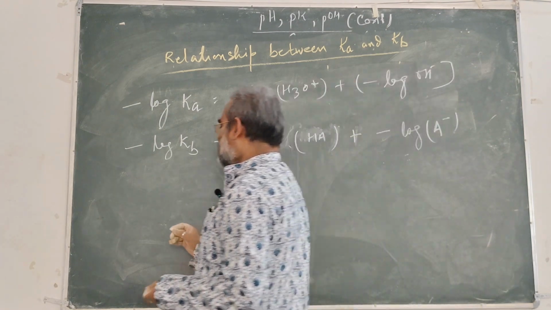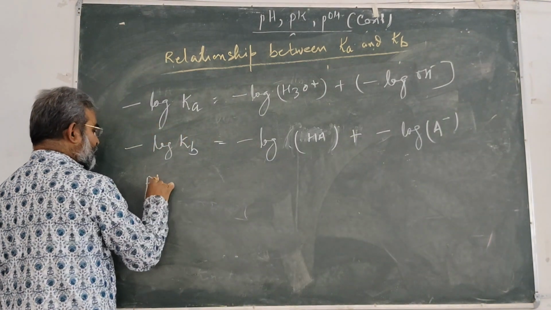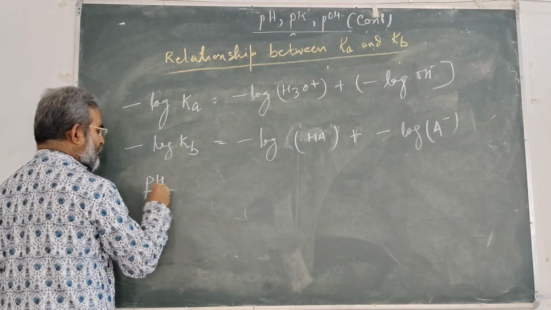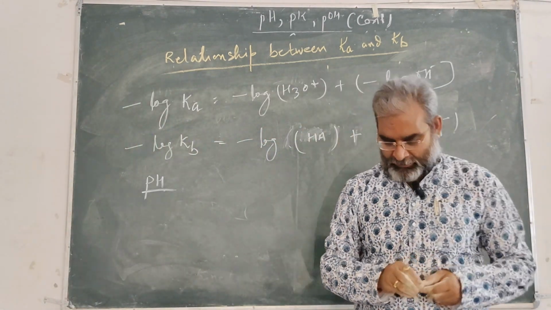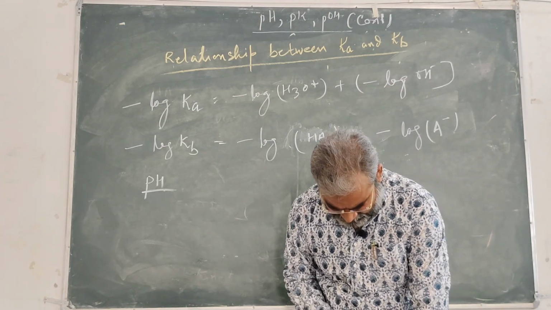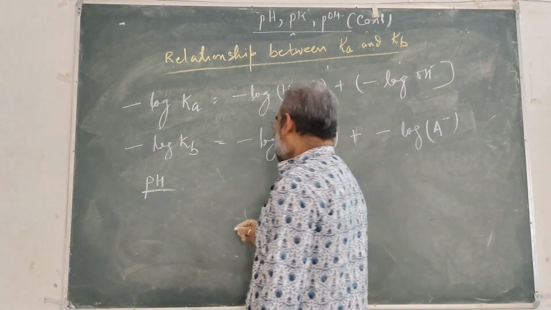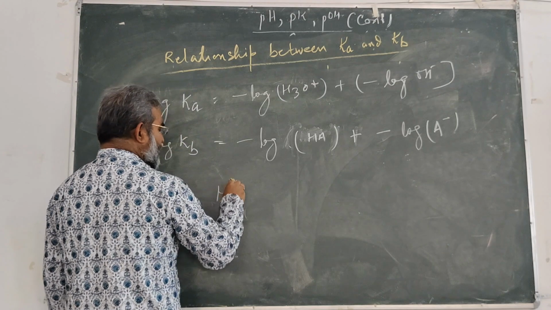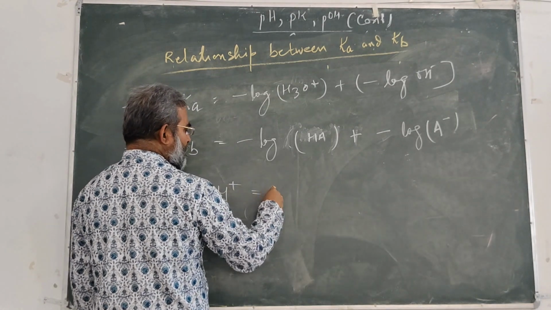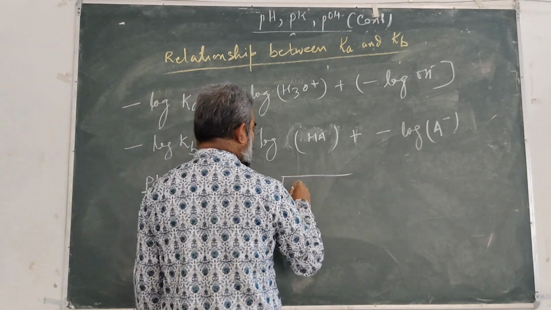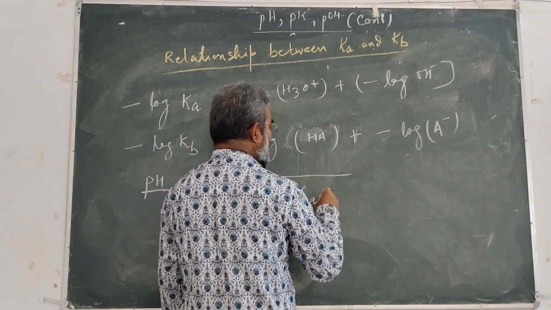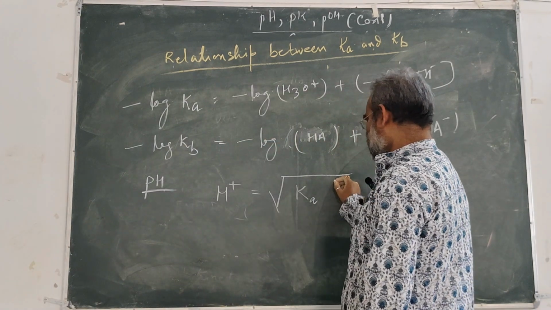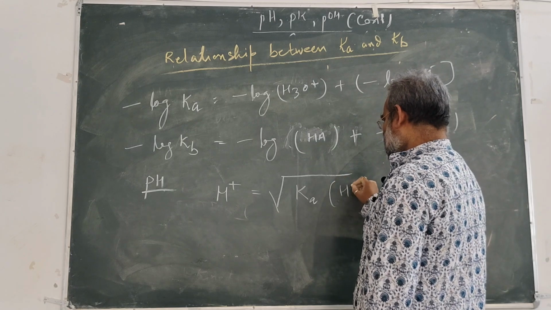Now the pH. If you determine the pH, पीएच ही ना है, ठीक है. That is H plus equals root under Ka times the molar value of HA.